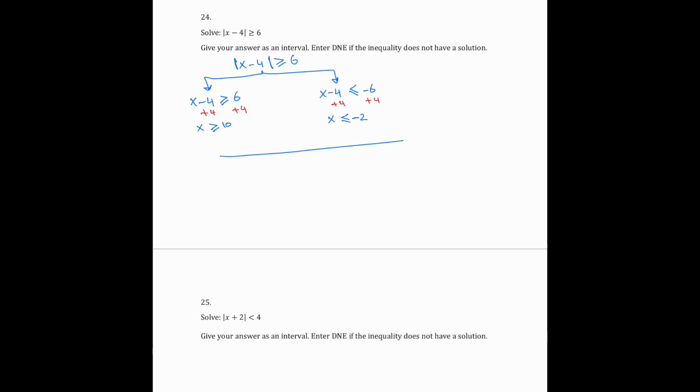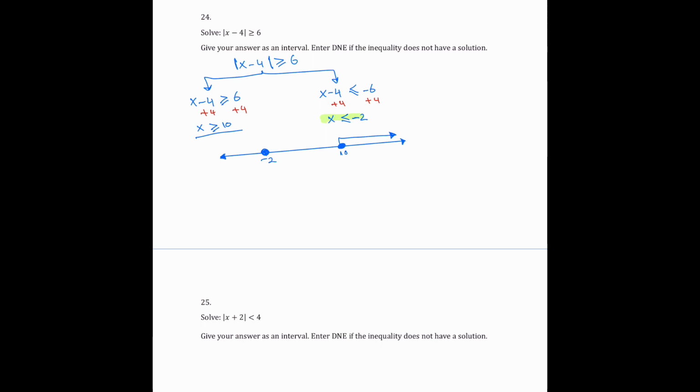We're going to represent this on the number line. Open number line. We're going to start with negative 2, which is included, and then the 10 is going to be on the right, and it's included as well. The first inequality says x is greater than or equal to 10, so all of the numbers to the right of 10.